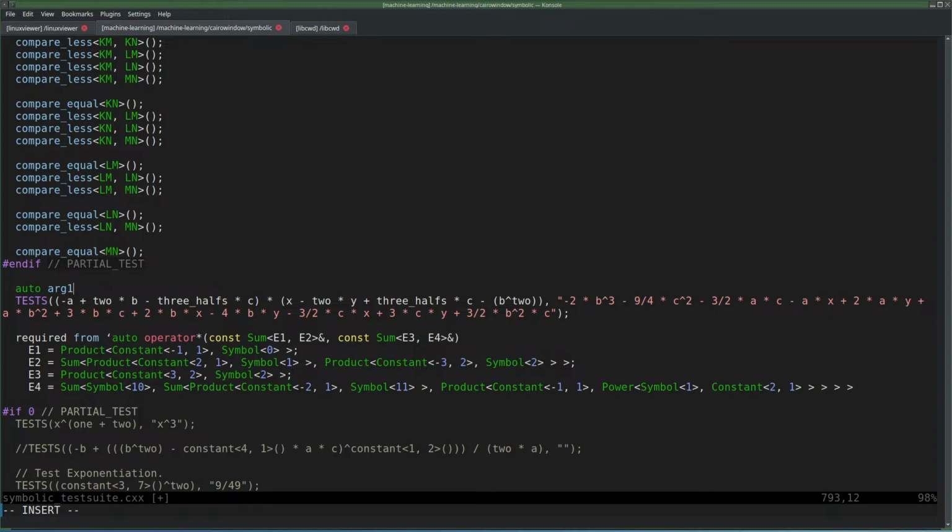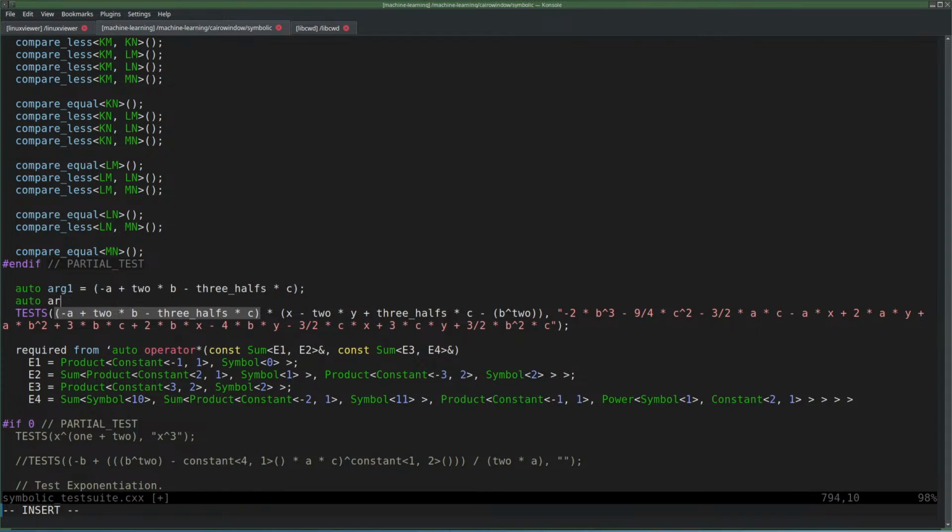Auto arg1 is this part. Auto arg2 is this part.